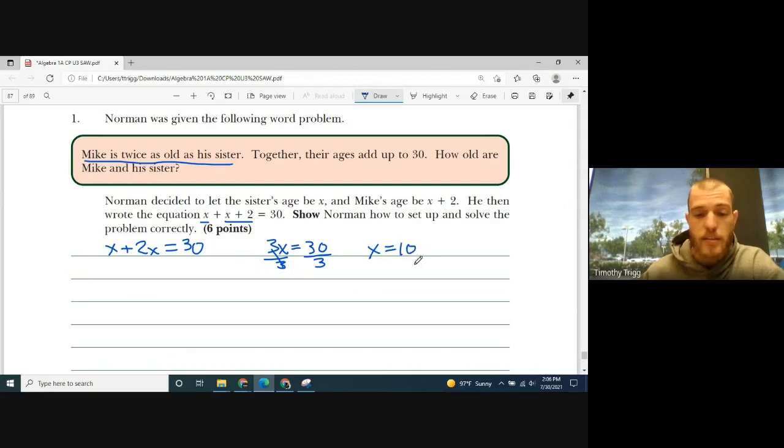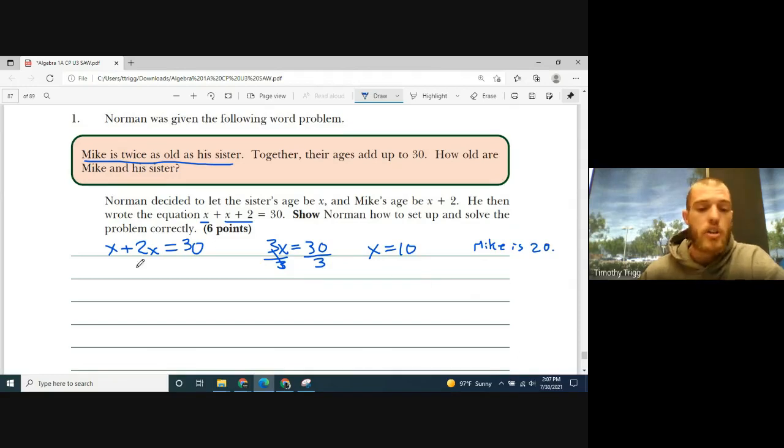Now, what does that tell us? X is his sister's age, Norman's sister's. Mike's sister's age is 10, but Mike is twice as old. So if the sister's age is 10, then Mike would be 20. So Mike is 20.